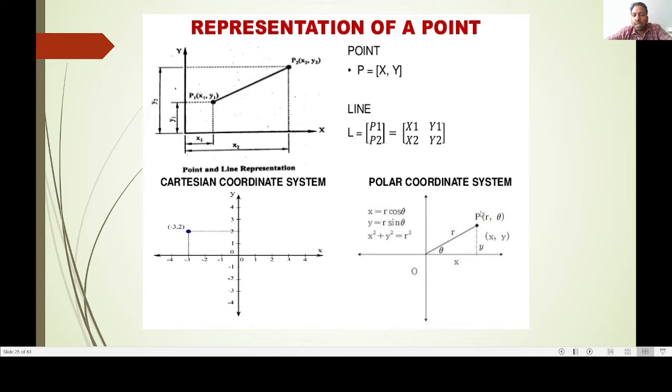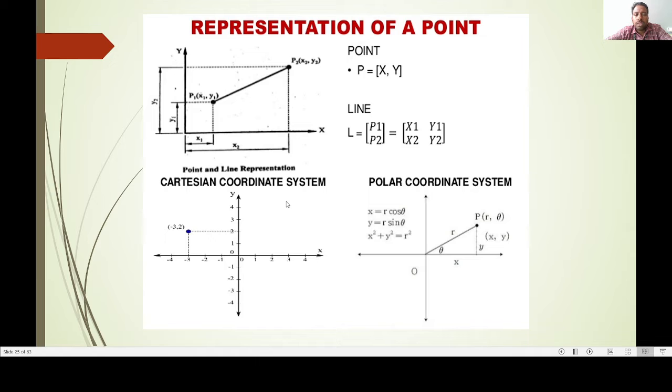So P is a function of r comma theta, a point represented by radius r and angle of inclination theta. In the polar coordinate system, x is represented by r cos theta and y is represented by r sin theta, and x square plus y square equals r square.